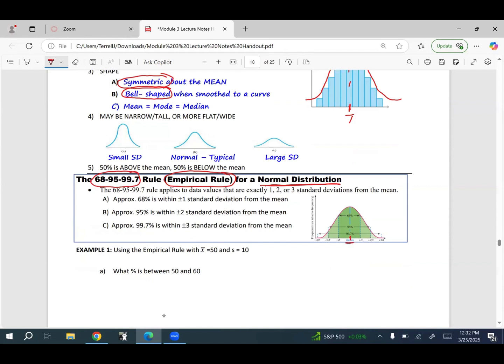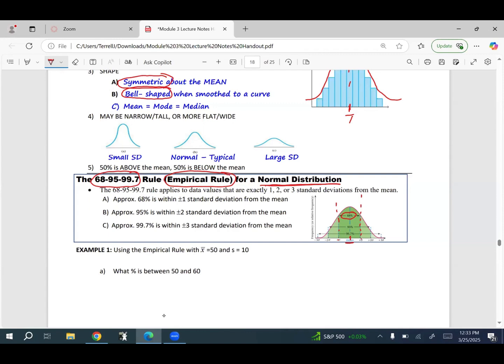If you go one standard deviation to the right and to the left, you are in a place where 68% of your data falls within that range. I'll draw dashed lines here. 68% of my data will fall within one standard deviation.